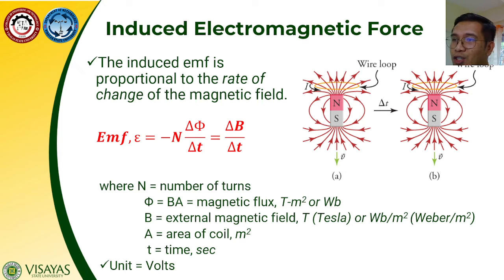Thus, when a change occurs in the number of magnetic field lines going through the area defined by the wire loop, an EMF is induced in the wire loop.